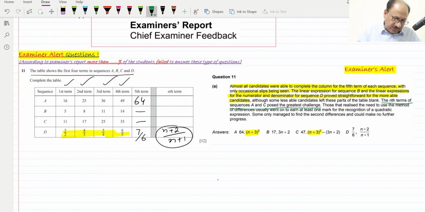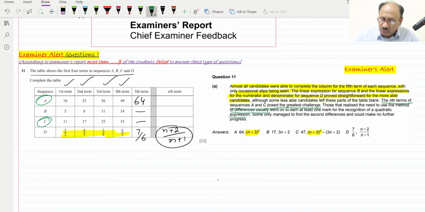So A and C, these were the greatest challenge. Those that realized the need to use the method of differences usually went on to earn at least 1 mark for the recognition of quadratic expression.